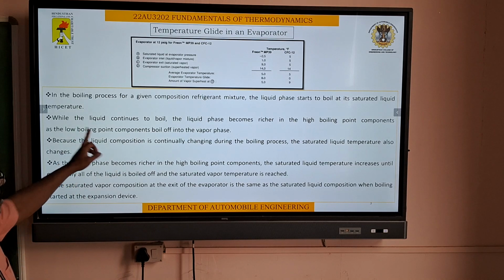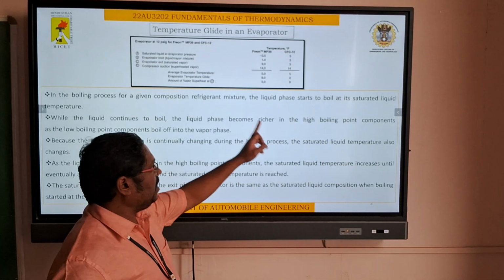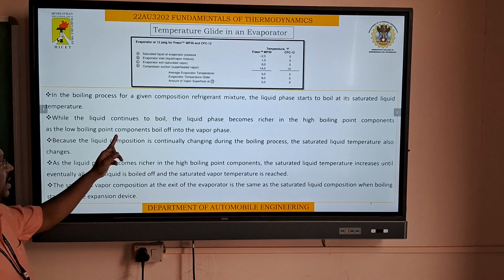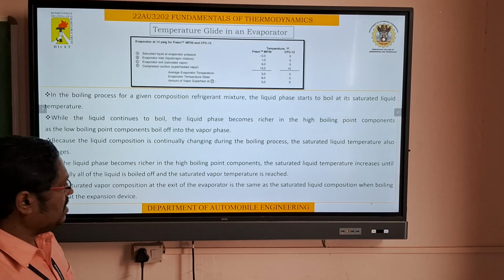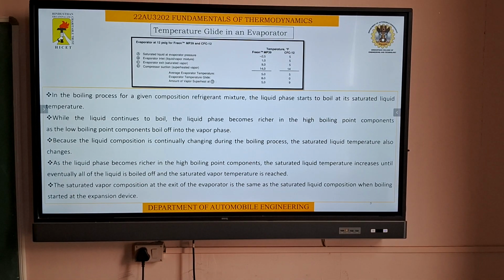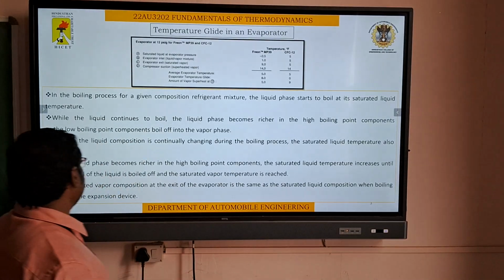While the liquid continues to boil, the liquid phase becomes richer in the high boiling point components as the low boiling point components boil off into the vapor phase. So the liquid composition is continually changing during the boiling process, and the saturated liquid temperature also changes.